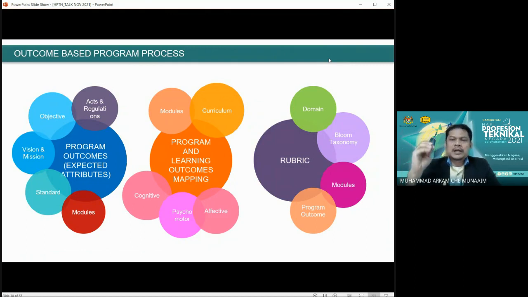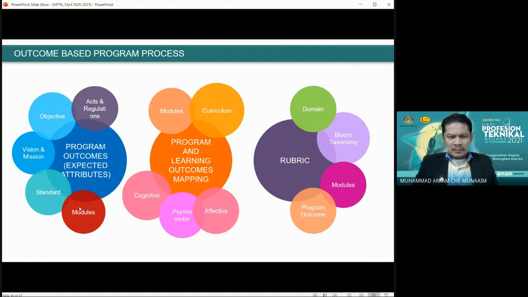So they will snapshot the outcome that you have experienced before through this outcome-based program process, the expected attributes from all construction personnel. This will be derived from acts and regulations, and the objective, mission, and vision of CIDB, with standards being either NOS or CICS, as well as the modules developed by CIDB.